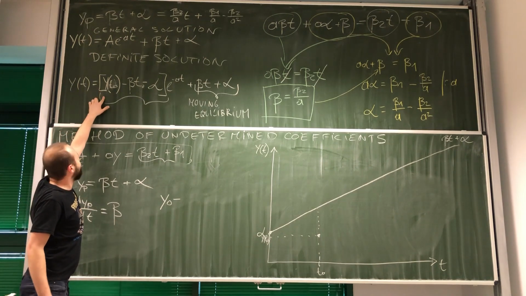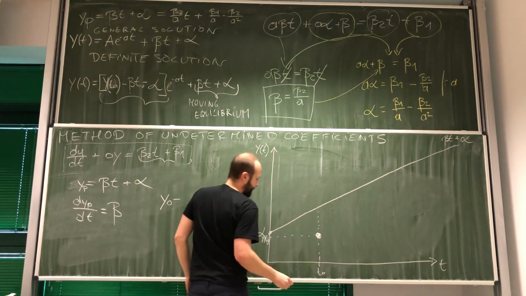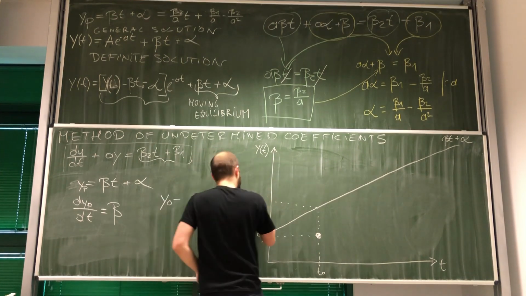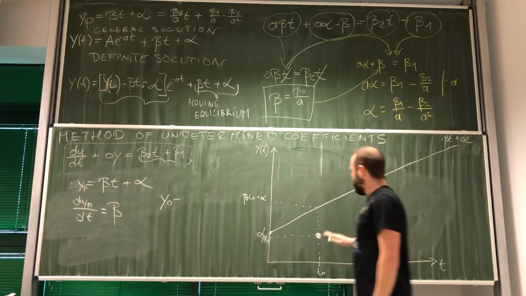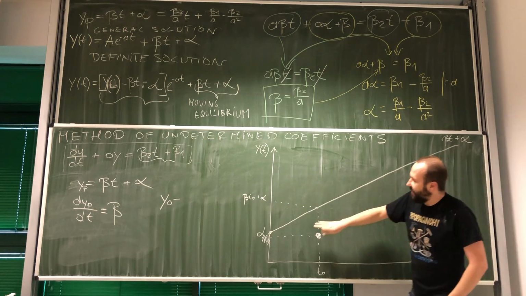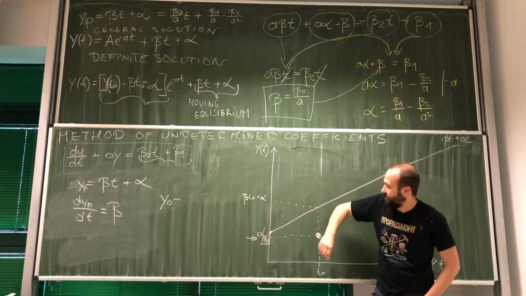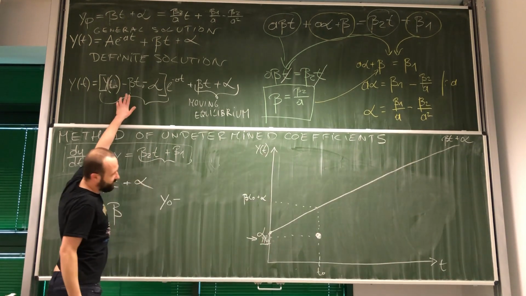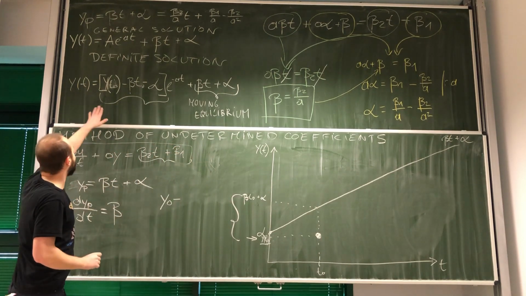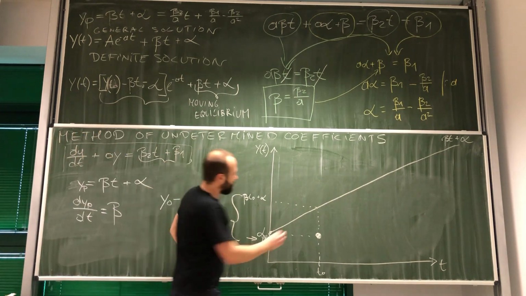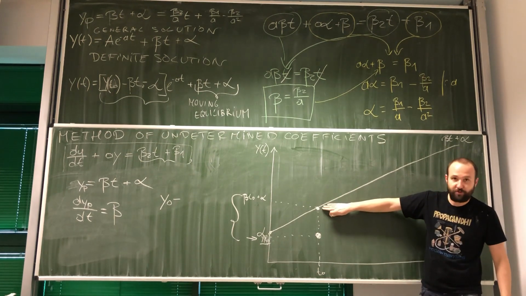This is some positive value, and this positive value is over here, right? Here, I have beta t0 plus alpha. So look, if I take the expression y of t0 and subtract this expression, what I am going to get is this distance, but with a negative sign, right? Because this is where we should be if we were not thrown out of the equilibrium.